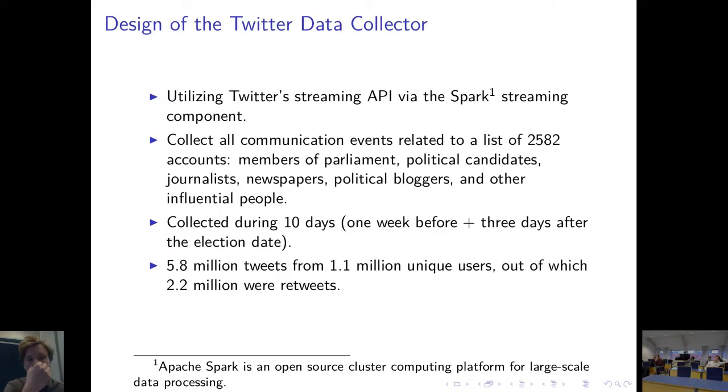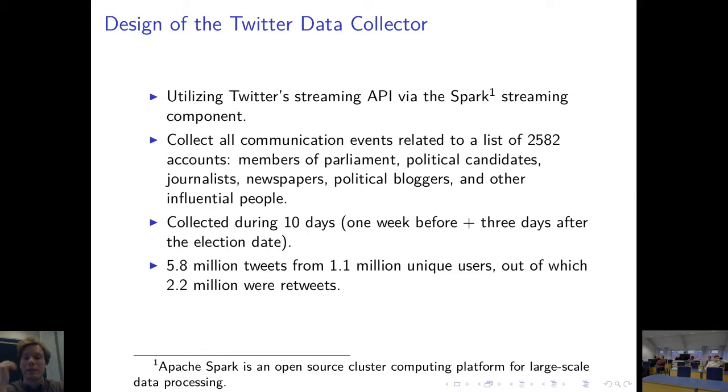Okay. So we designed a Twitter collector utilizing the Twitter streaming API, and we collected for 10 days, 1 week before the election and 3 days after the election date. And we chose to look at 2,582 specific accounts, which include members of parliament, political candidates, journalists, newspapers, political bloggers, and other influential people on Twitter.